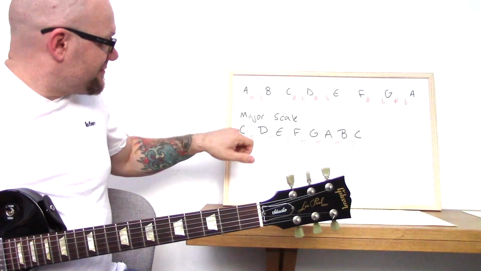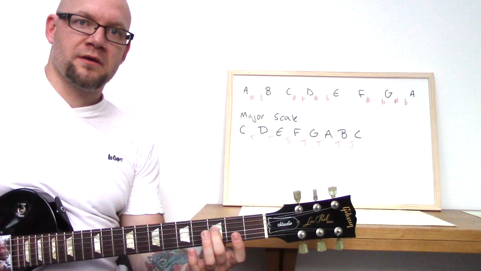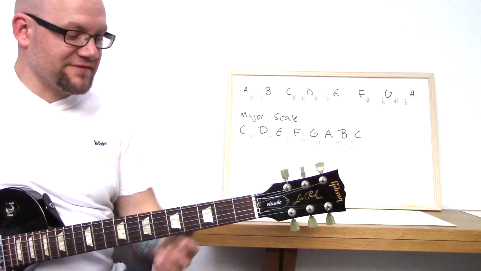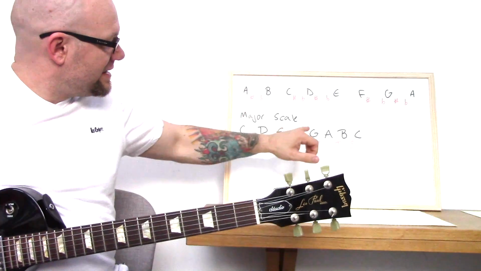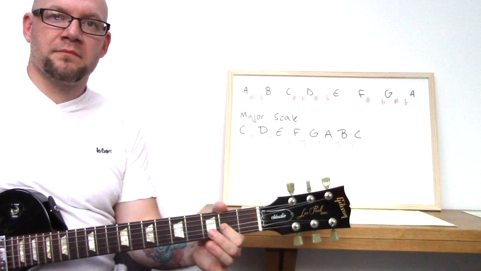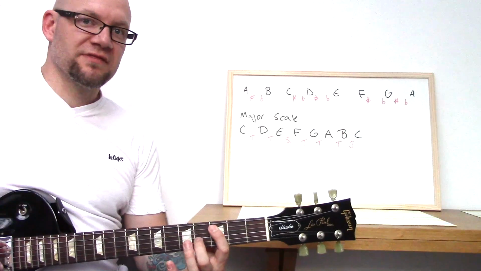Okay, if I play from a C to an F, that's the 4th. If I play from the C to the G, that's the 5th. If I play from the C to the A, that's a 6th. The C to the B, as you probably guessed, is a 7th.